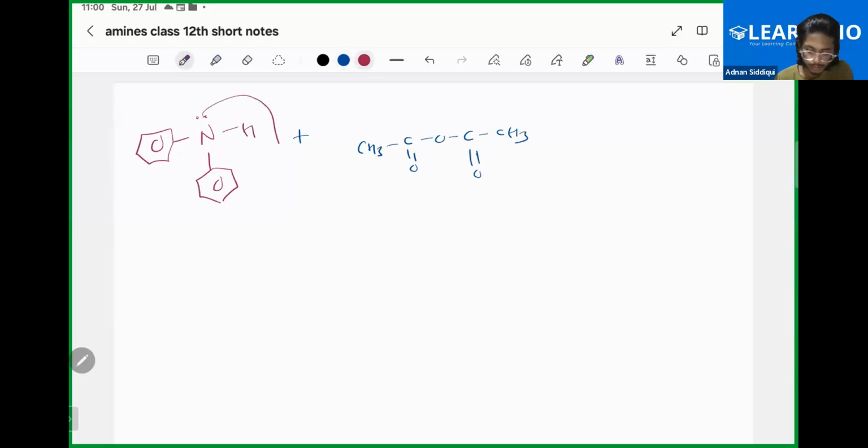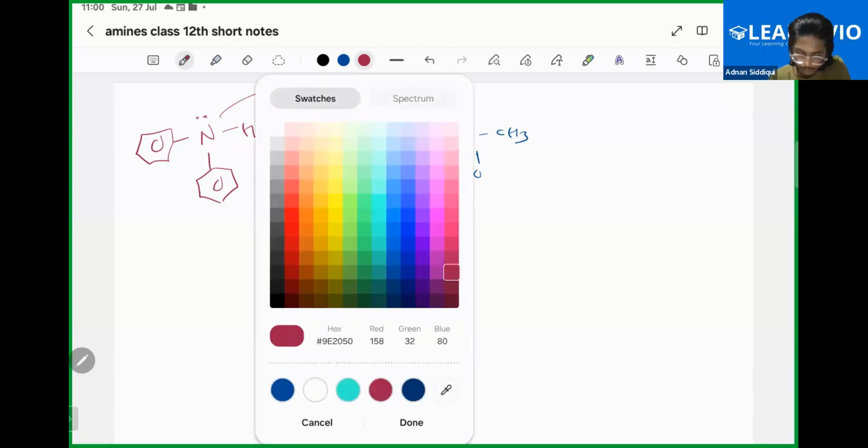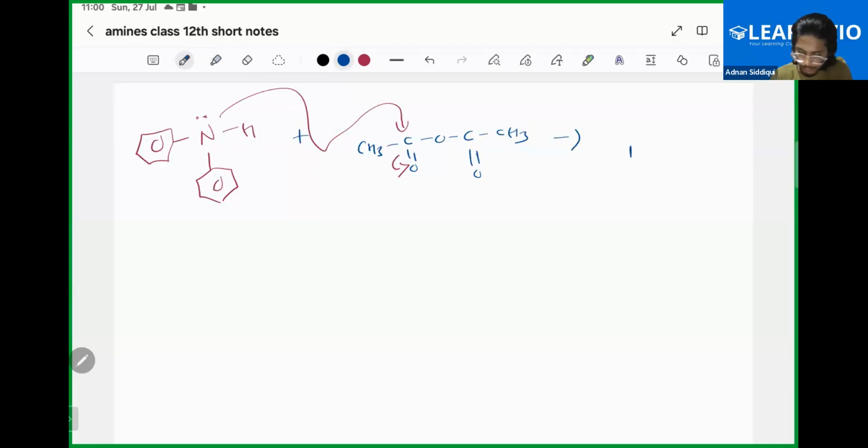The first step is the nucleophilic attack over this carbon, and it will go up. I am showing the benzene as Ph. Positive charge, H, C, O negative, because the single bond will be transferred over oxygen, and we have CH3 like this.